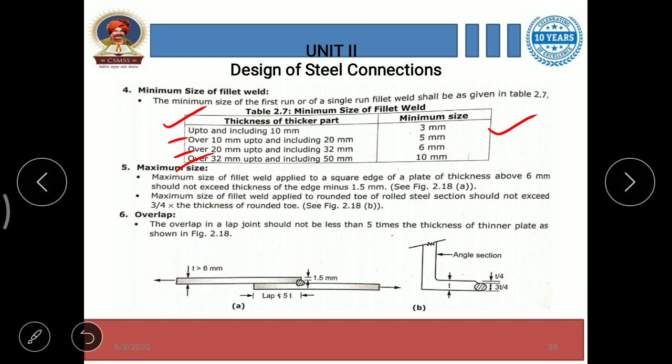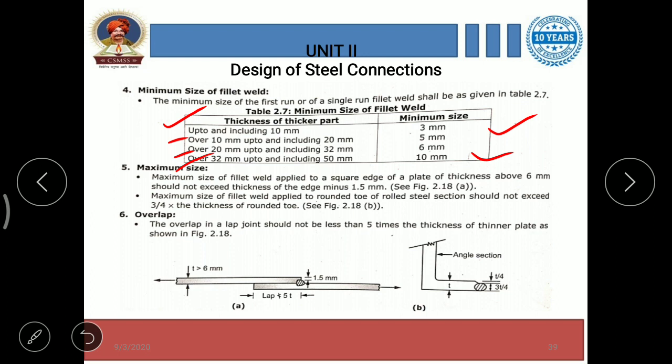Okay, these are the minimum conditions. That means the minimum size of weld should be in this range. We can provide higher values.